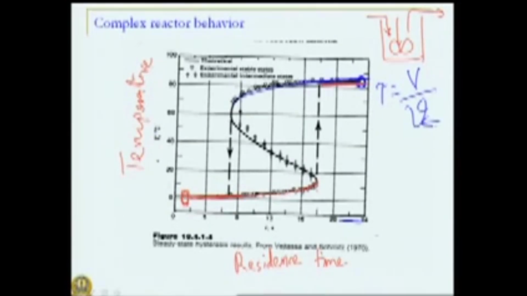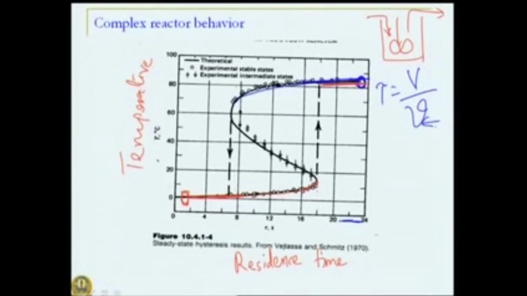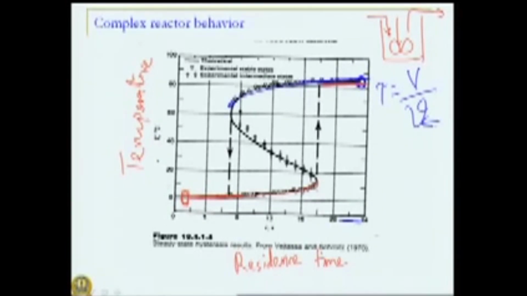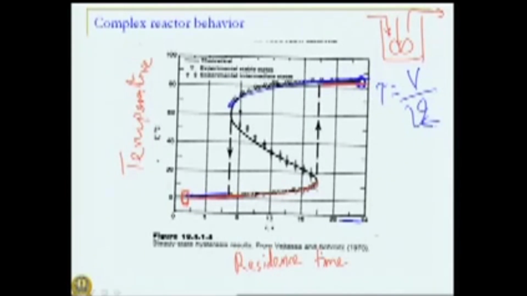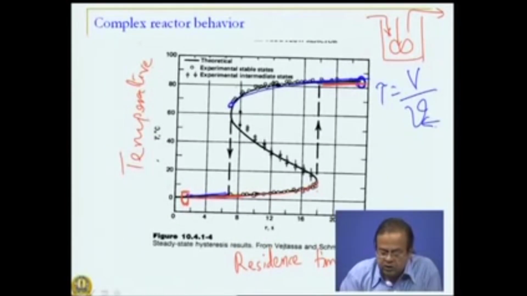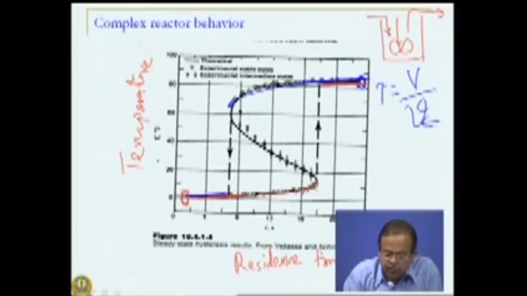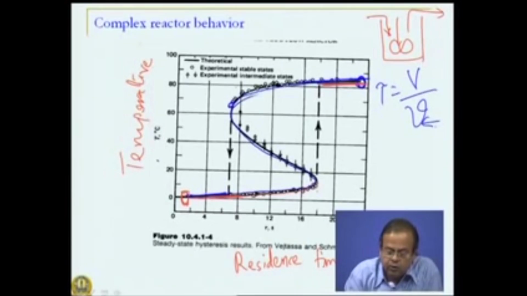On this end, if we keep on decreasing the residence time, beyond this point, the temperatures are actually on this line. So, to complete this experiment, if we keep on changing the residence time, we will get temperatures at different residence times which will have this kind of behavior.